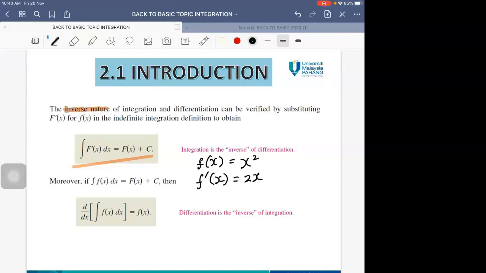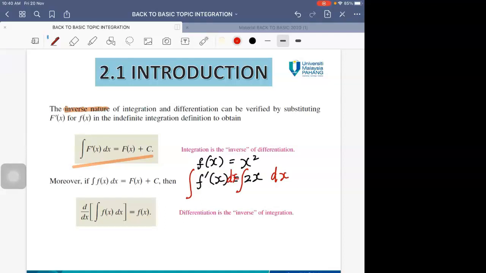All right. So if I do the reverse process, that means I integrate with respect to our variable. The variable, of course, is x, so dx. We integrate with respect to dx.